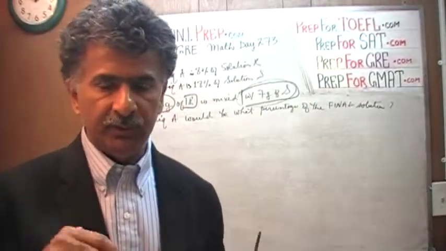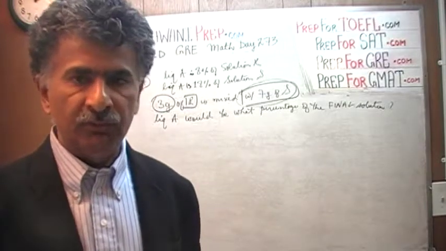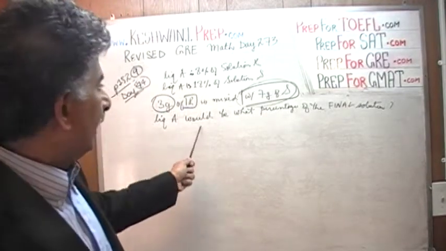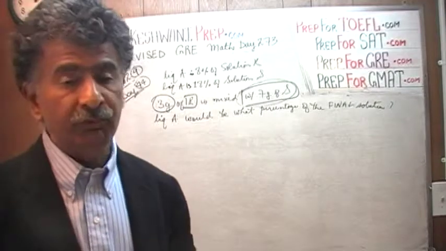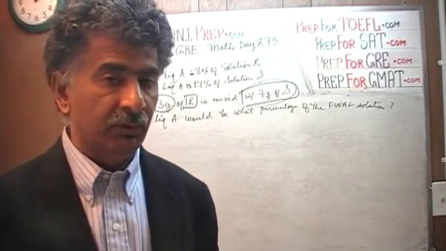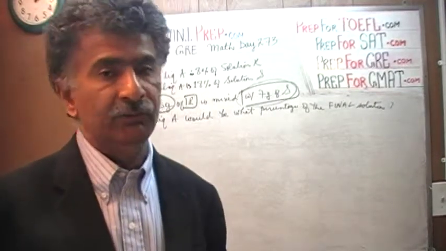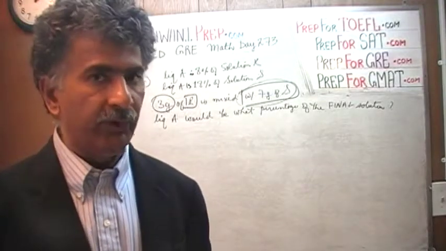The question simply is, liquid A would be what percentage of the final solution? What would be the final concentration of liquid A in the solution? That's all it is. It's very straightforward, it's very simple.